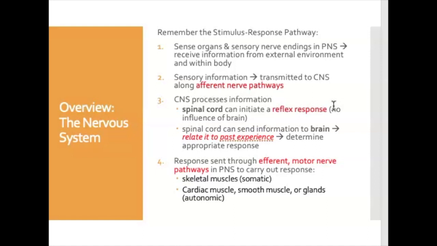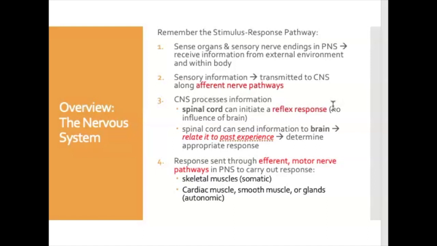The physician is looking for certain reflex responses that are initiated by the spinal cord with no higher input from the brain. Of course, the spinal cord can also communicate with the brain and does so quite a bit, so that the brain can have a say in how the information will be integrated and what the response will be.